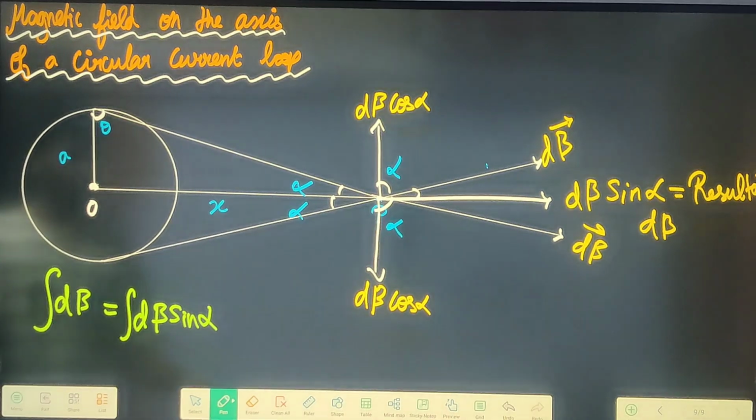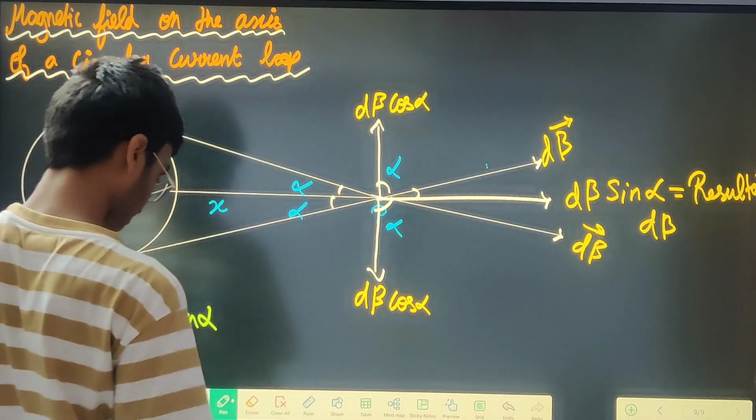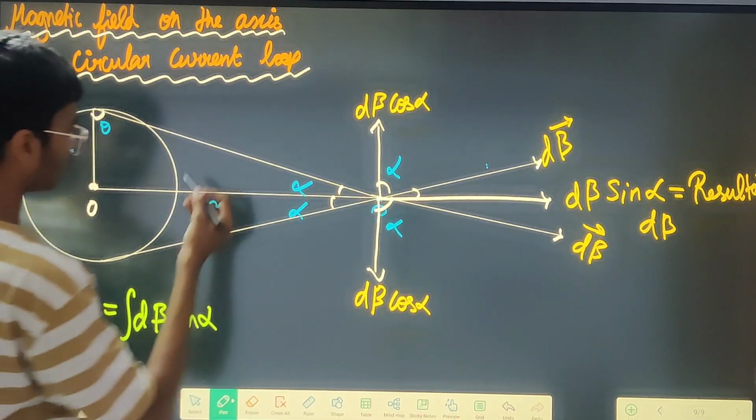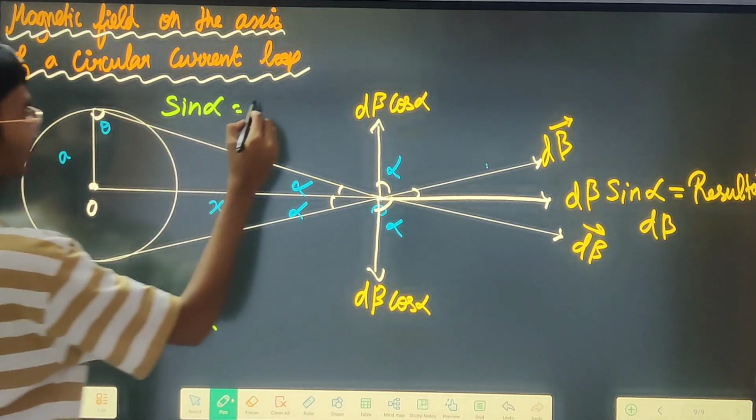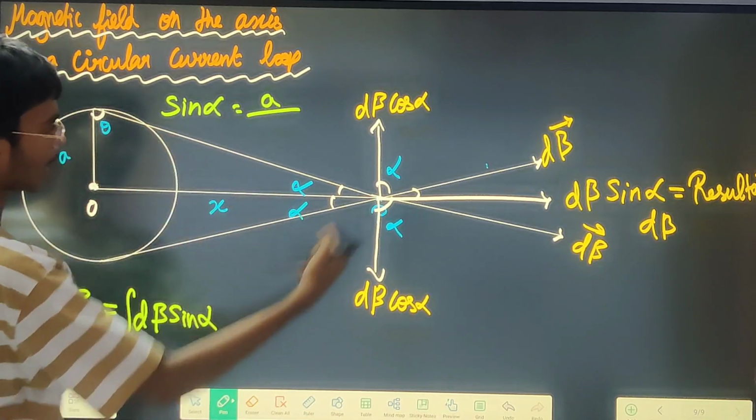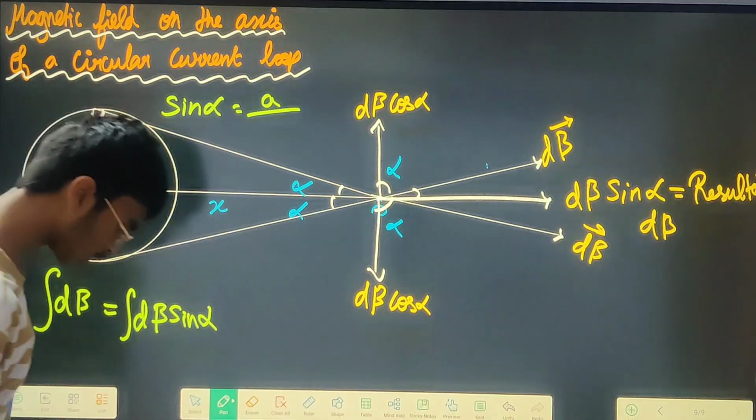Now where is this alpha? This is the alpha. In this place, this is sin alpha, right? So sin alpha is equal to A divided by the hypotenuse.